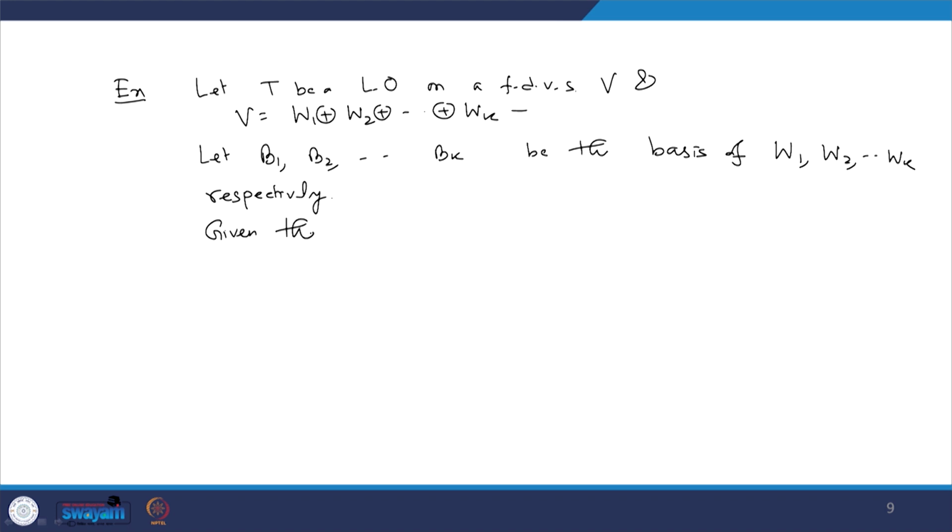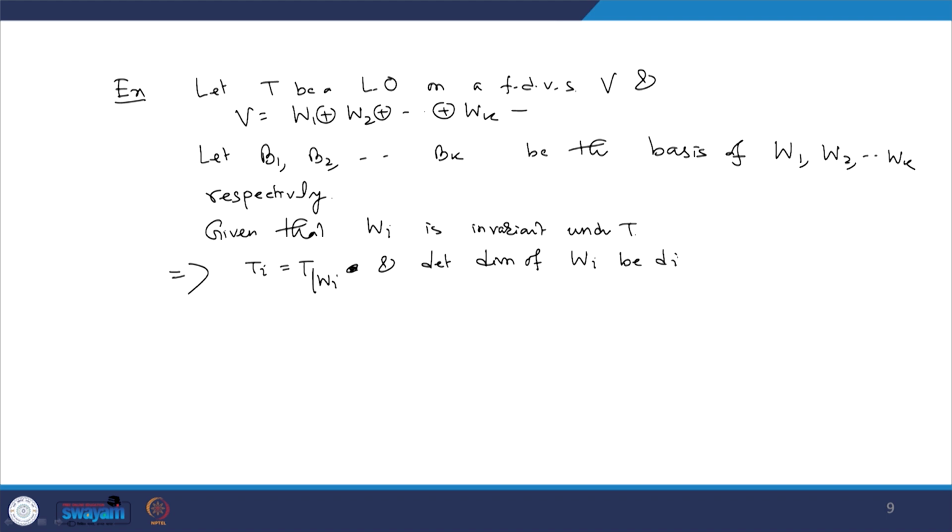Given that W I is invariant under T. So, this implies if I consider T I, which is basically the restriction of T on W I, let the dimension of W I be D I.